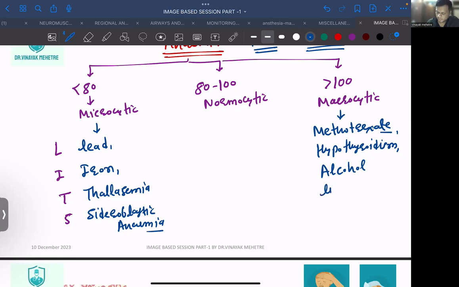This alcohol will have sooner or later liver disorder. Vitamin B9 and B12 deficiency. And one more drug, what is the name of that drug?